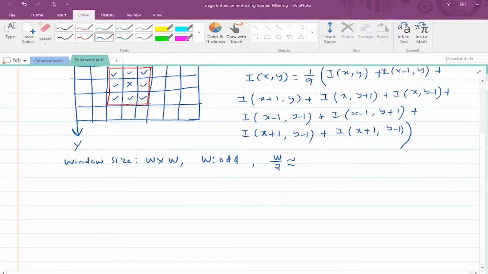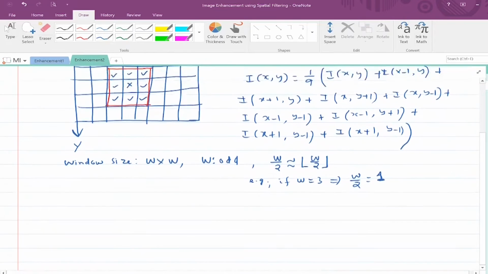Another notation for our convenience we are going to use is, when we are saying w by 2, it's in fact the floor value. For example, if w equal to 3, that implies we consider w by 2 as 3 by 2, 1.5, but we consider it as 1 here. This is just for our notational convenience. We will be skipping this floor notation.